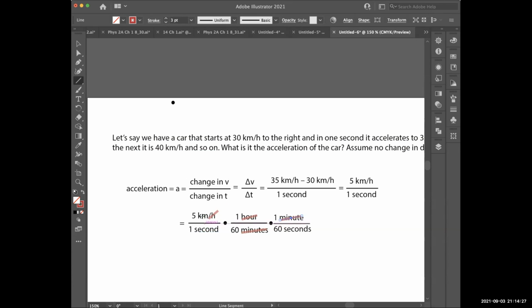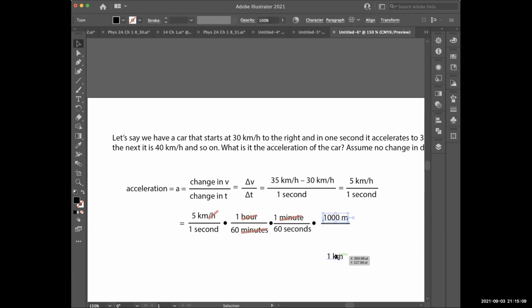I'm going to actually get it from kilometers per hour to meters per second here. So the last thing I'm going to have is that 1 kilometer is going to be 1,000 meters. Okay, and when I do this all together, whoops, I have it upside down.